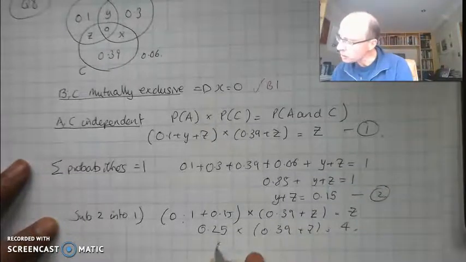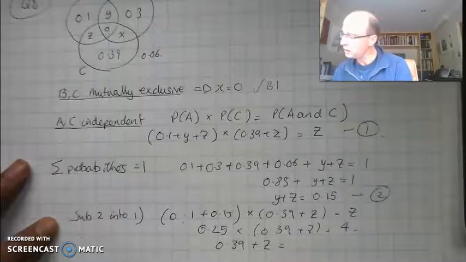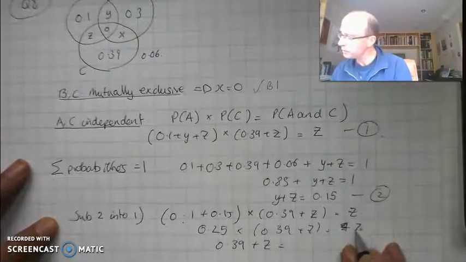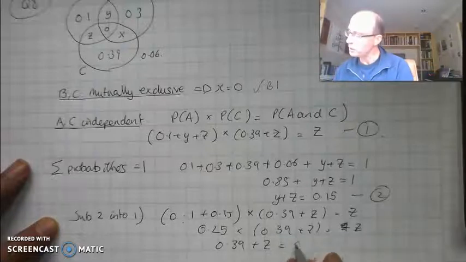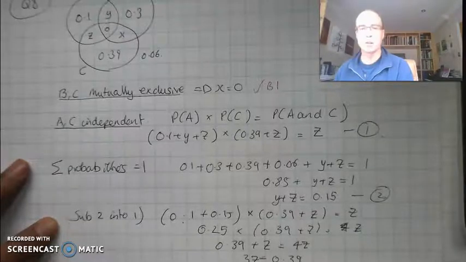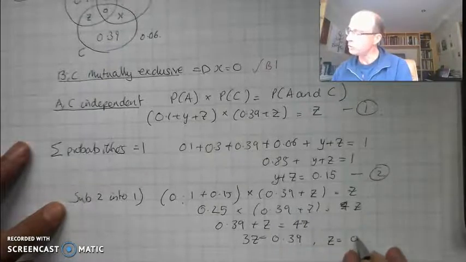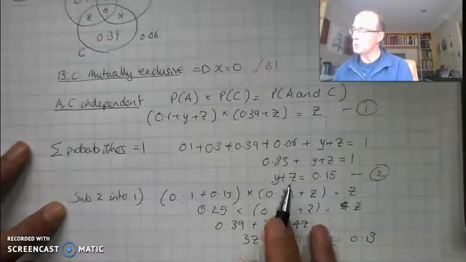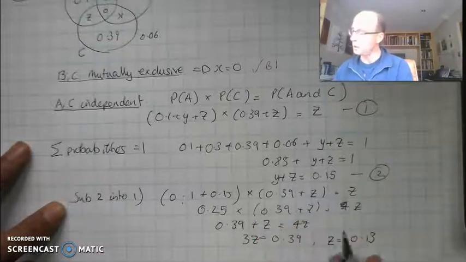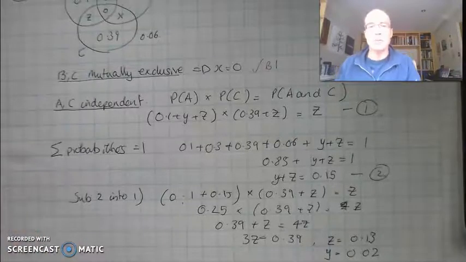We've got 0.39 plus Z is equal to 4 lots of Z. So 3Z is equal to 0.39. Z equals 0.13, which means that my Y value has got to be equal to 0.02.